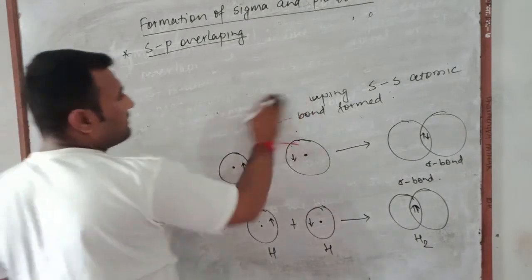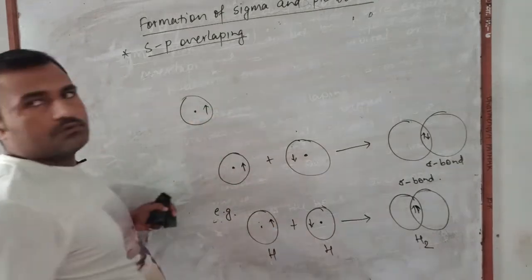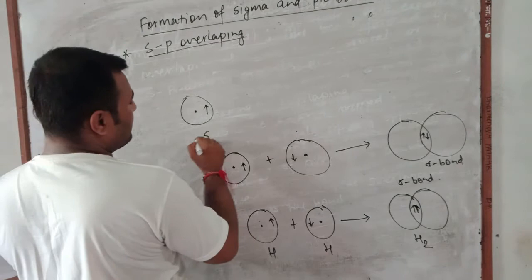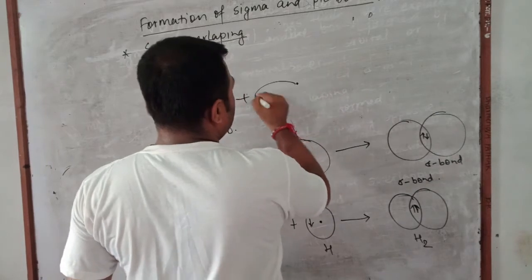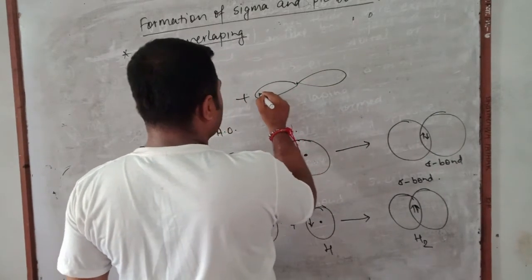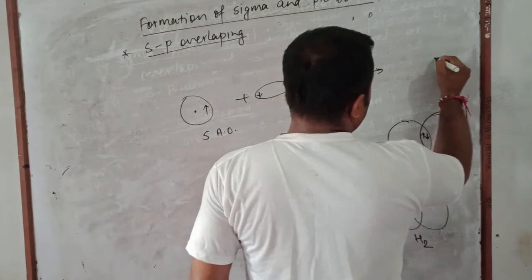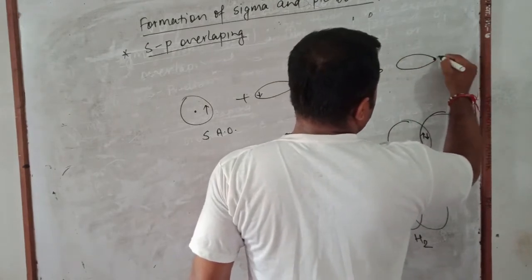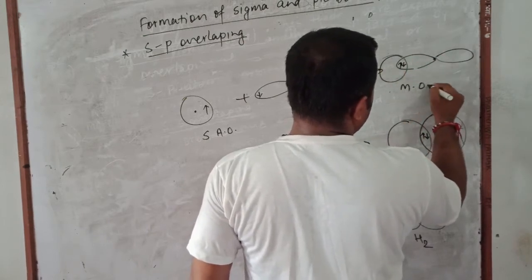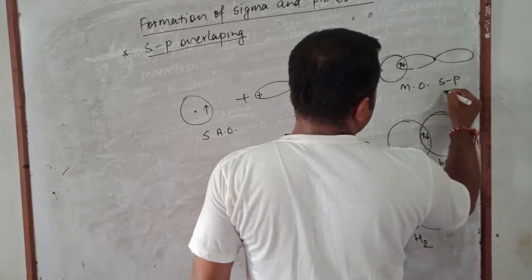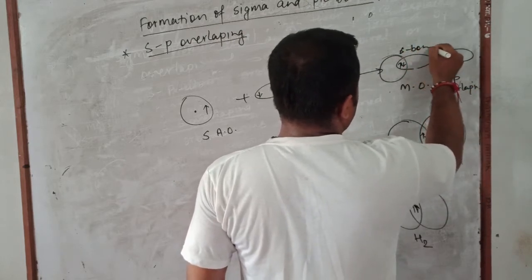In sp overlapping, one half-filled s atomic orbital overlaps with one p orbital having an electron of opposite spin, and in this way it forms a molecular orbital by sp overlapping. Here the bond formed is a sigma bond.